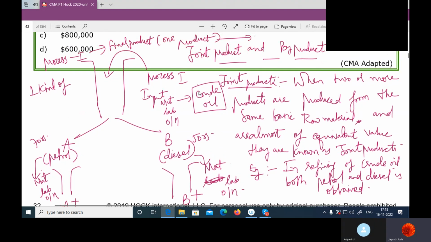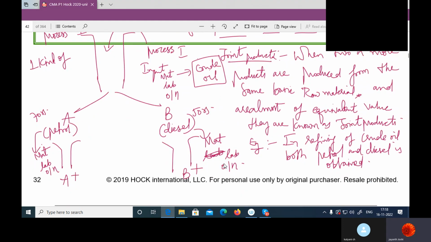For making petrol and diesel, the raw material used is crude oil. So what is the joint product here? Petrol and diesel. Process 1, then process 2, and then process 3.